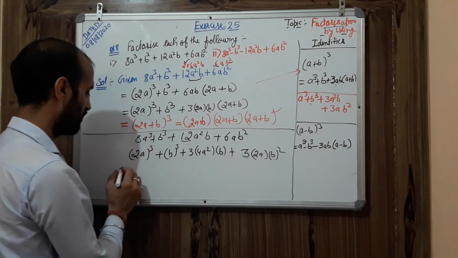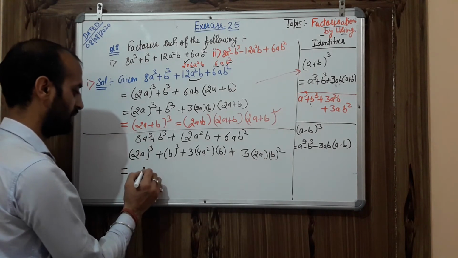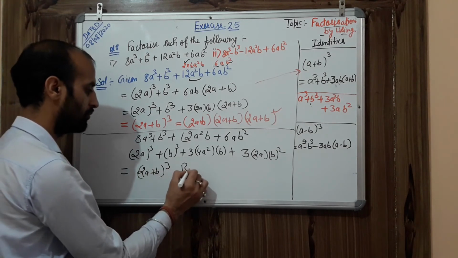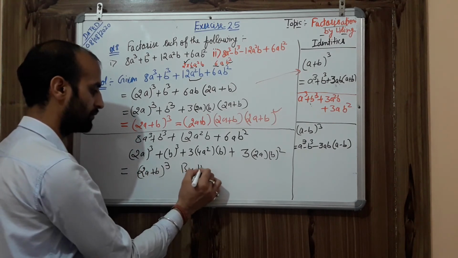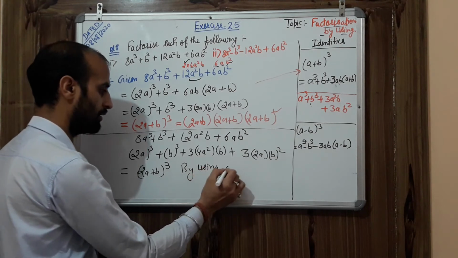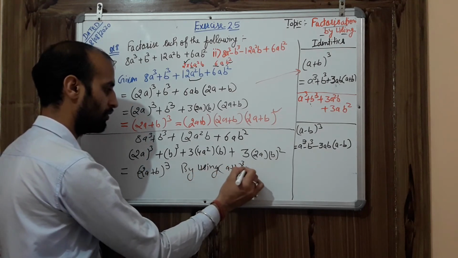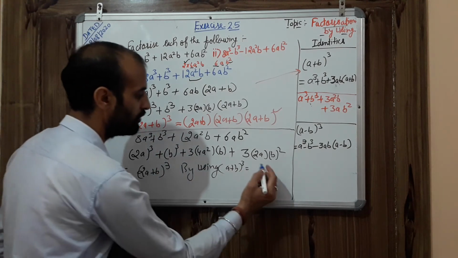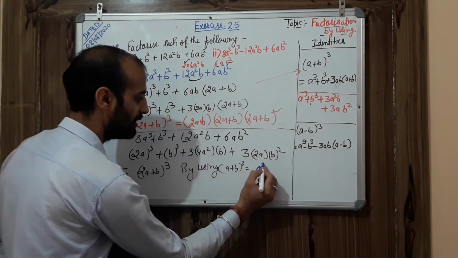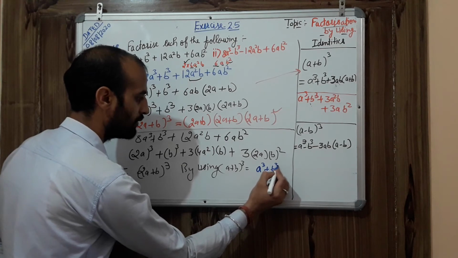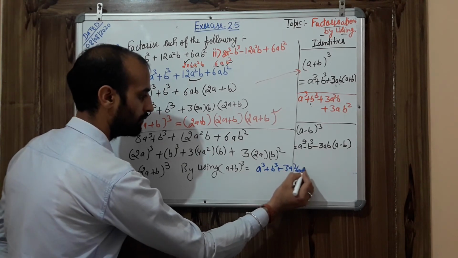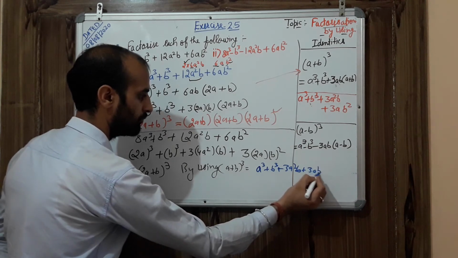then 3ab square. So it is also the same, that is (2a plus b) whole cube by using the identity (a plus b) whole cube. So it's up to you which identity you want to use here. The answer remains similar in both ways.